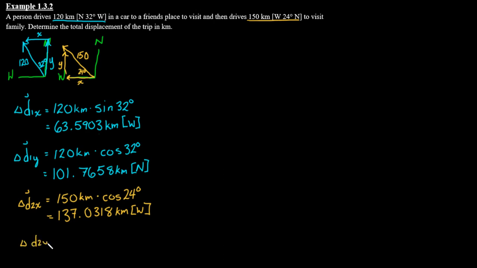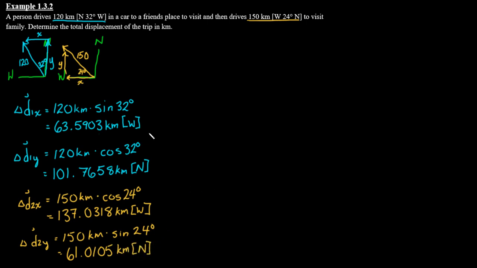And then the y component is going to be 150 kilometers times the sine of 24 degrees. So 150 sine 24 equals 61.0105 kilometers, and again, your y component for that second displacement is north.